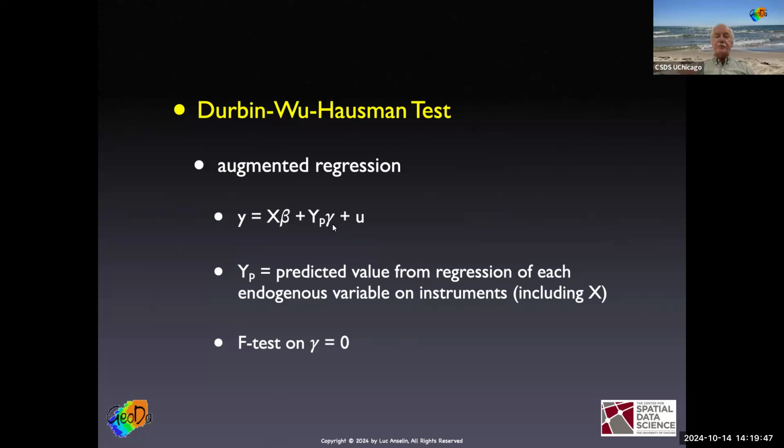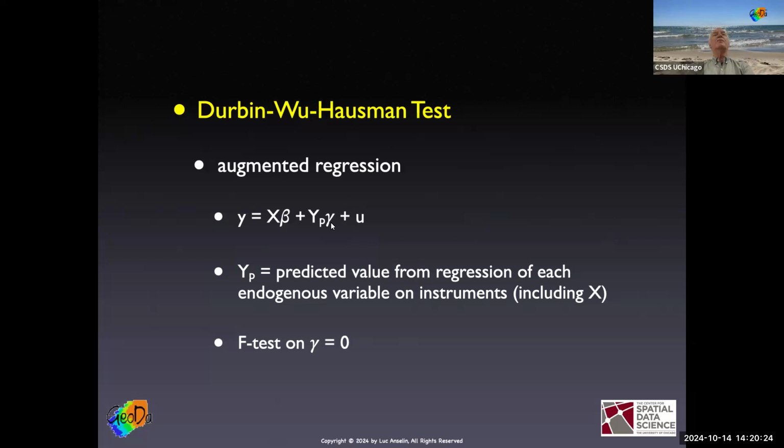If these instruments, these predicted values, do not contribute anything, then you can drop them. Then you don't need them. Then there's no endogeneity problem. On the other hand, if they do contribute, then you have a problem on your hands. So the test boils down to testing the significance of these coefficients. I say coefficients because there could be multiple endogenous variables. If there's only one, it's easy. It's just a t-test.